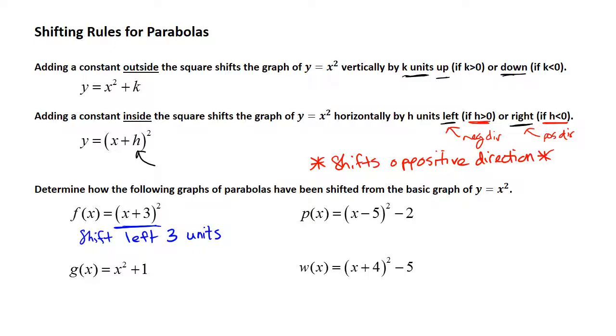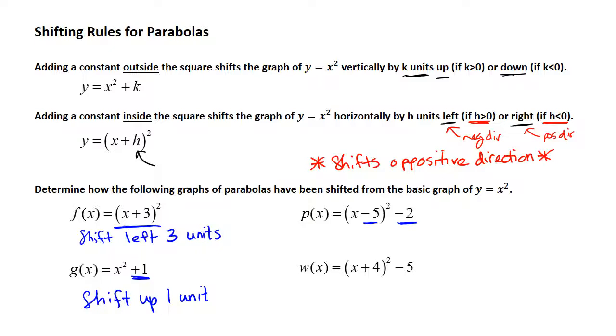In the function g, the plus 1 is on the outside of the function, so that's an up or down movement. And the sign tells us exactly which direction to move. So because it's plus, we shift up 1 unit. The function p has two constants with the square. It has a constant on the inside, this minus 5, and then a constant added or subtracted on the outside.